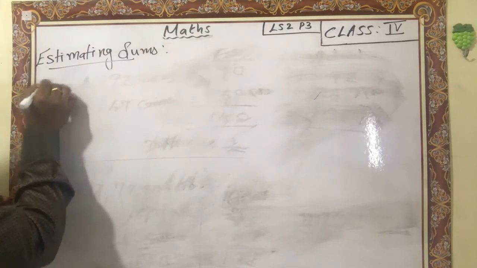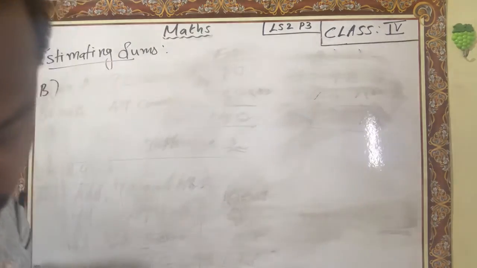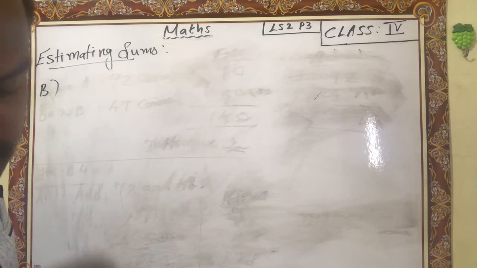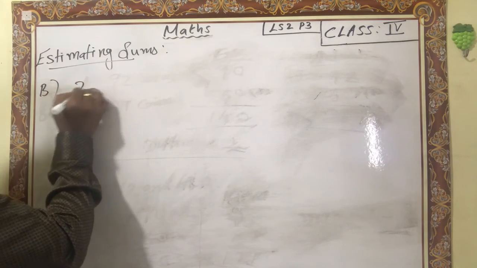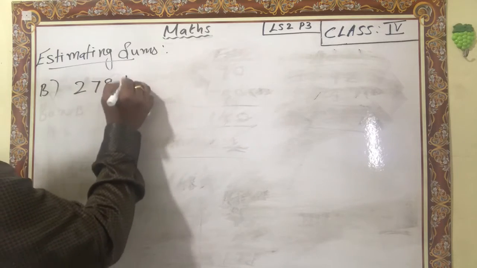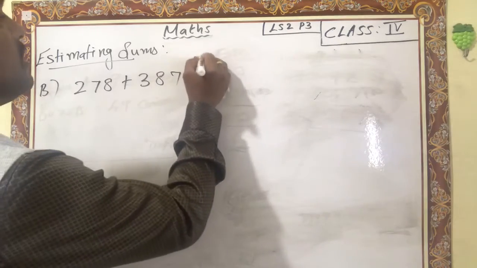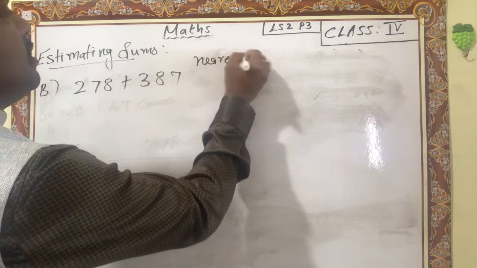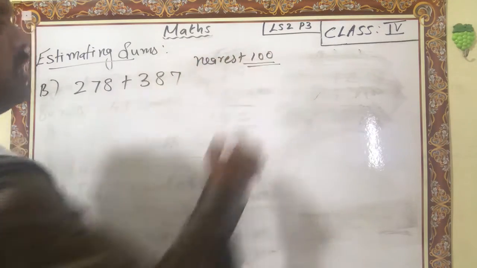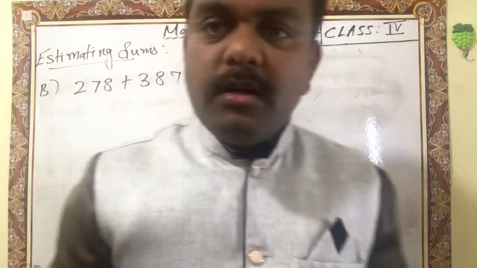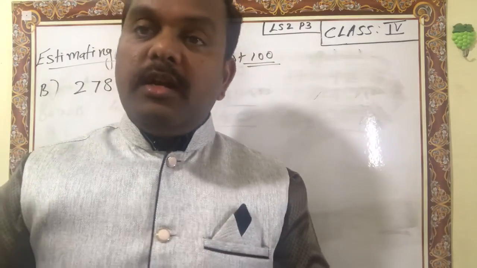B. 278, 387. 278 plus 387. This is nearest 100. Everything is mentioned in your book, nearest 10, nearest 100.